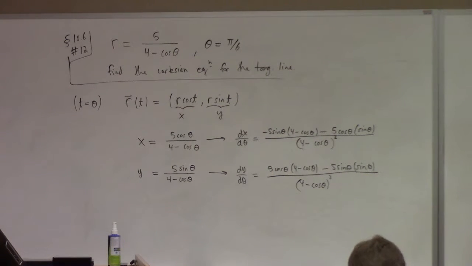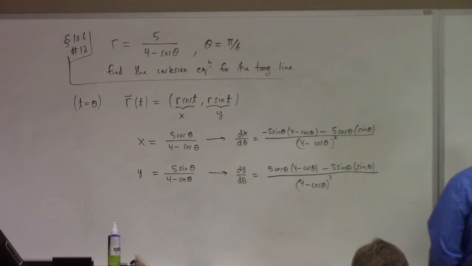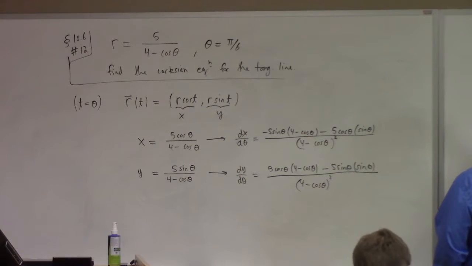Things we should remember, sine pi over 6 is what? 1/2, right? What's the cosine of pi over 6? Square root of 3 over 2, right? So you can plug those in here like that.